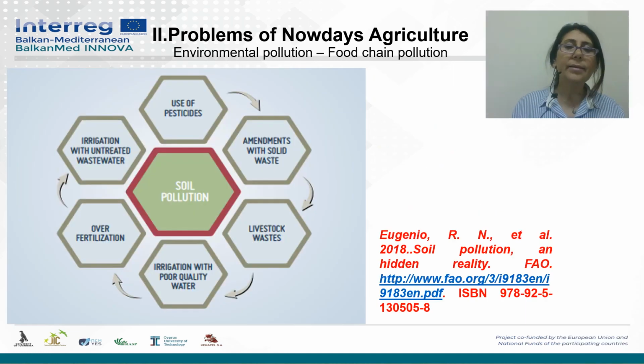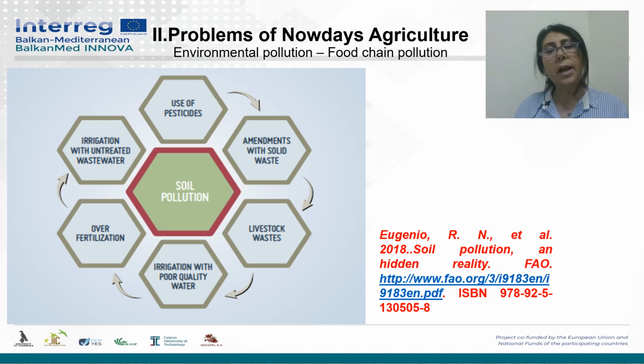Let's understand this picture that is in this slide. I bring it here to illustrate what we said before, that different systems can communicate between them. They exchange materials, so if one of them is polluted, it will pollute the other environments. For example, let's start from agriculture.